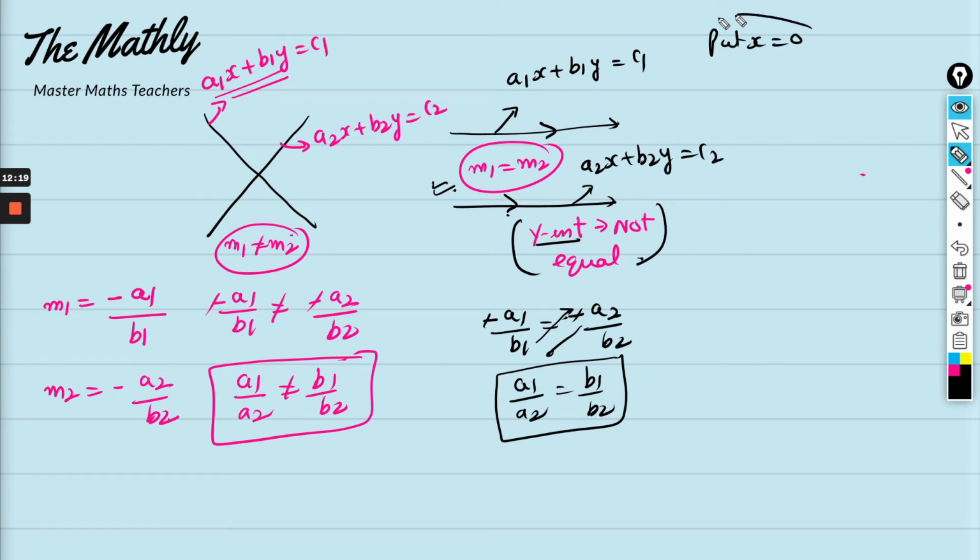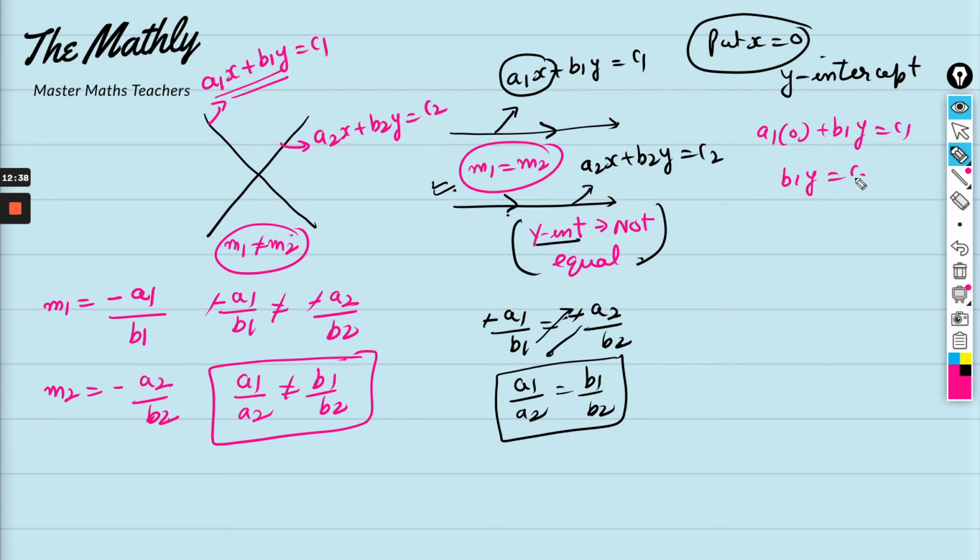You remember from the first class I told you, if you want to find the y-intercept, put x equal to 0. Simple. Now, if I put x equal to 0, this part will become 0. So I get a1 into 0 plus b1y is equal to c1, so b1y is equal to c1. So y will be equal to c1 by b1.